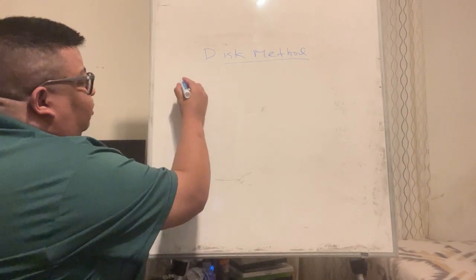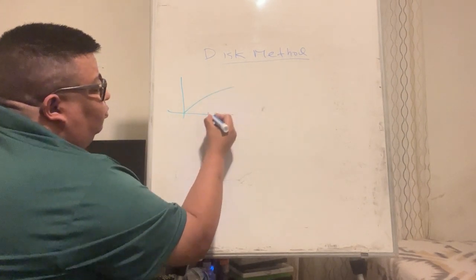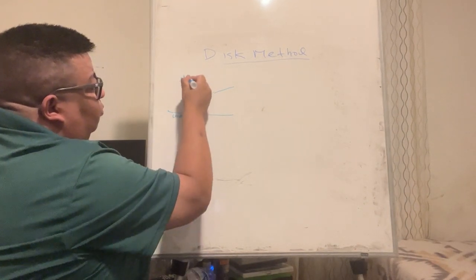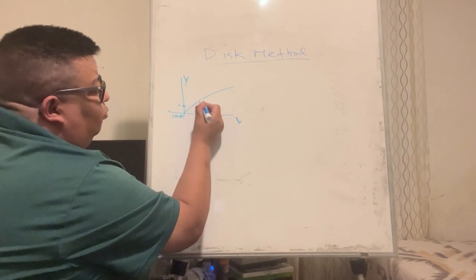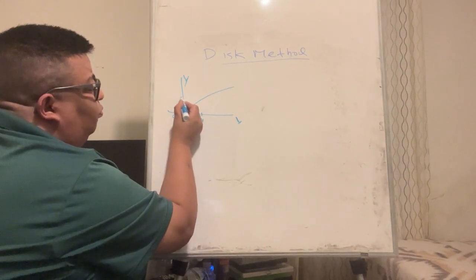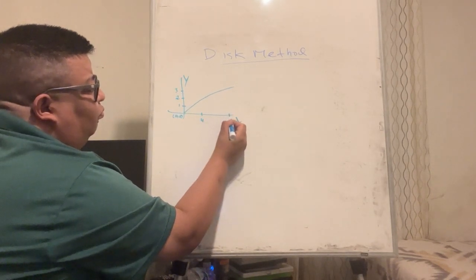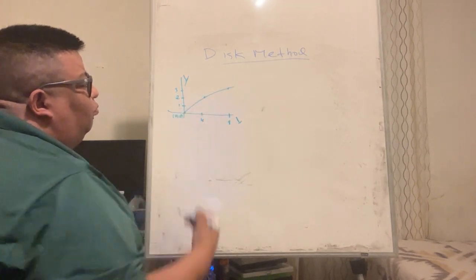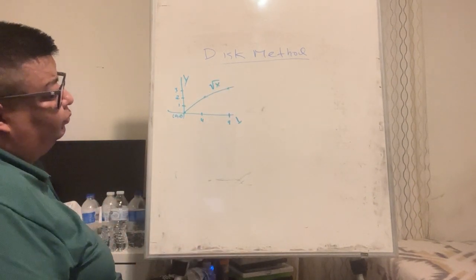Let's say your graph looks like this. So this looks like the square root of x.